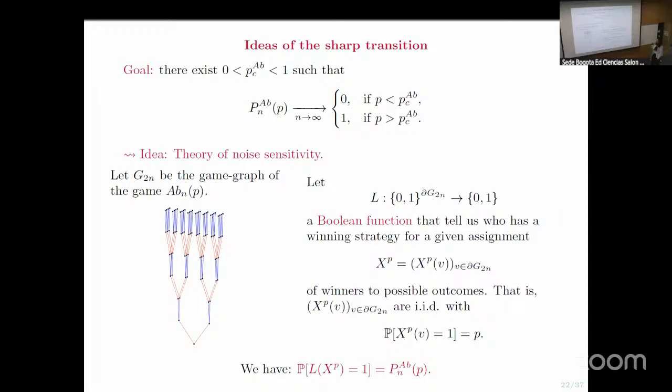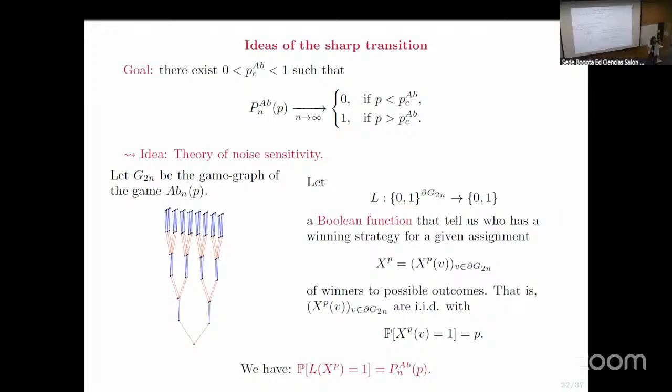The input of the Boolean function is these zeros and ones that I assign to the leaves randomly, according to some intensity P. So the probability of writing a 1 here is P, and the probability of a 0 is 1 minus P. Then this Boolean function is going to give me the value of the root.